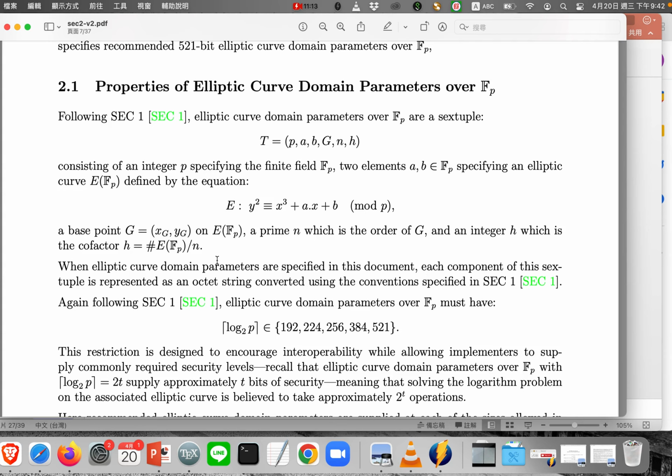This is the order, and this order is at most the number of points. So if your n is less than the number of points on the curve, that actually means your base point G cannot cover everything. That is not the best choice, but sometimes you don't have any other choice. It's possible. In some settings you may even have the cofactor h equal to 4. That is possible. So you can only cover 1/4 of an elliptic curve.